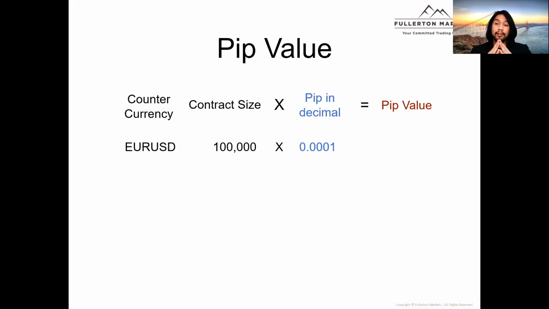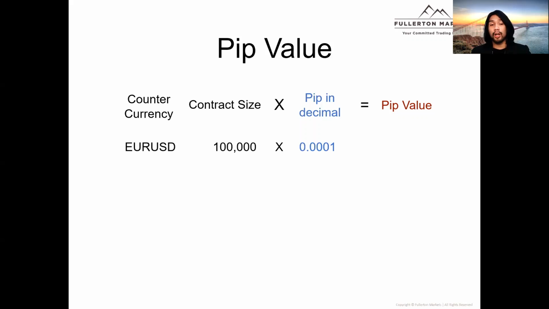When you are looking for the decimal placement in a currency pair, as long as it is not traded against the Japanese yen, this is Forex, guys, we are using 4 decimal places. If we are trading against the Japanese yen, we are using 2 decimal places. Just keep that in mind.